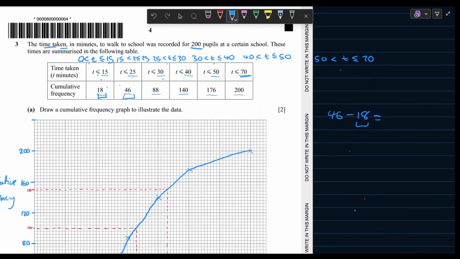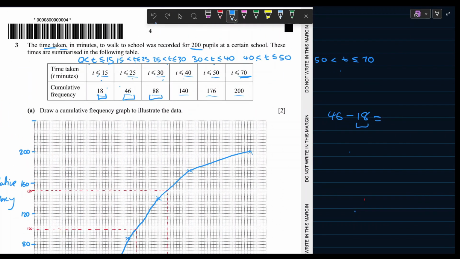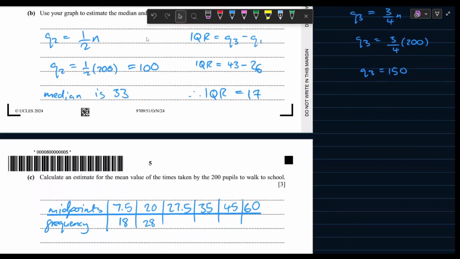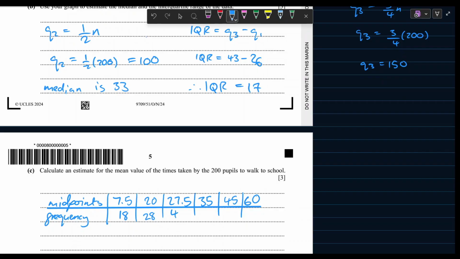And then, so this cumulative frequency is all the frequencies of the first three classes. So if we subtract the frequencies of the first two classes from this, we should remain with the frequency of the third class. So 88 minus 46. 88 minus 46, that's 42. 42.